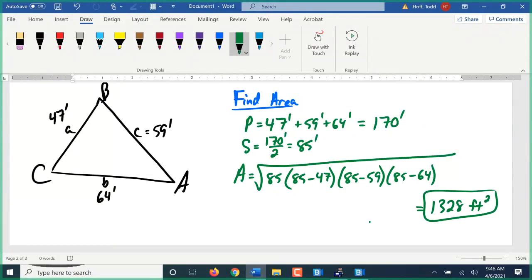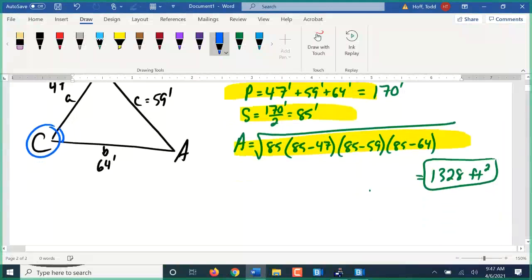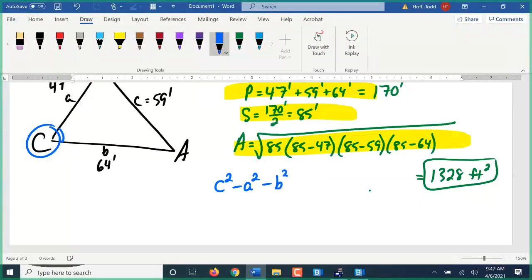The other way we could do this, using what we've learned this semester, if you don't remember Hero's formula, which I hope you do because it is a handy little formula, but we could find a missing angle here. We'll find angle C. And remember we said that C squared minus A squared minus B squared divided by negative 2 times A times B is equal to the cosine of angle C. This is a variation of that law of cosines formula.